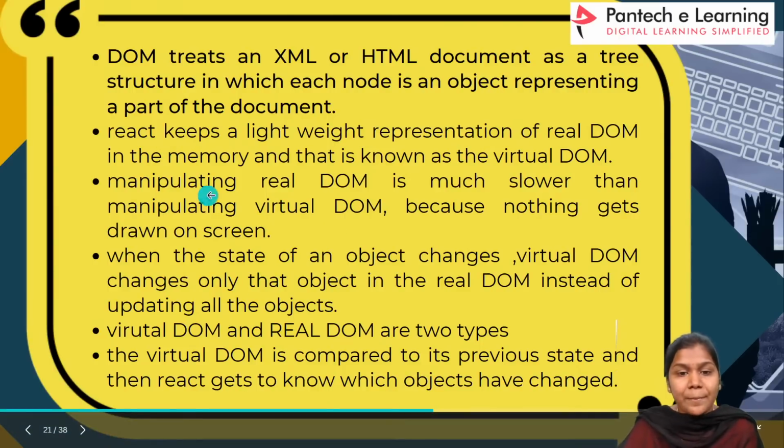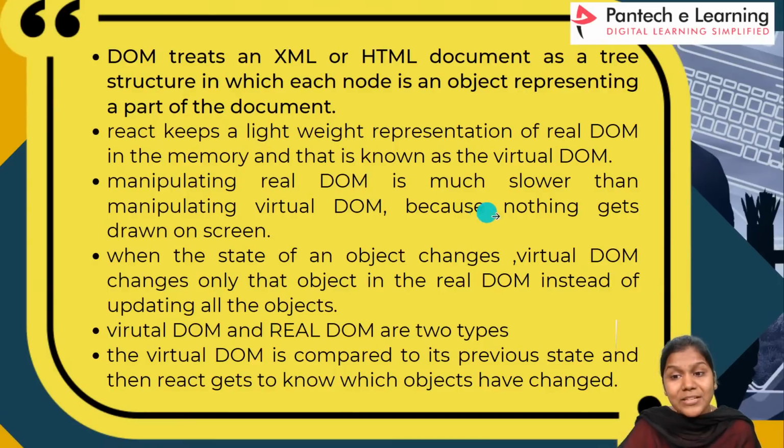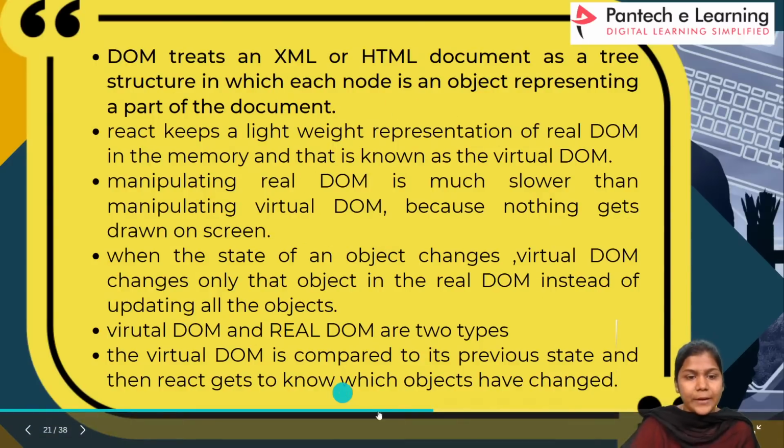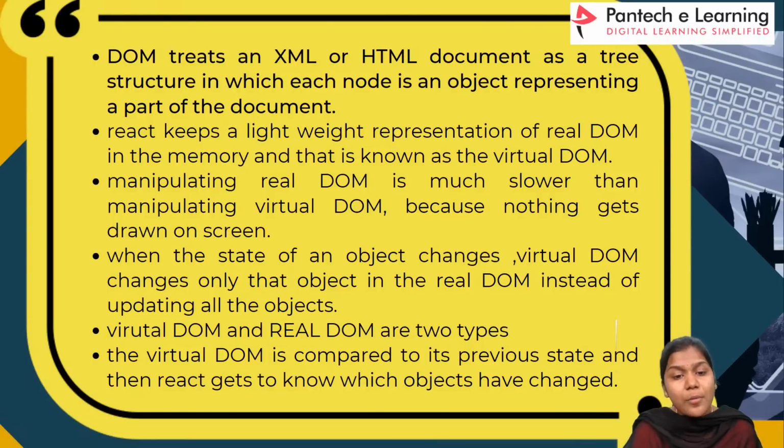Manipulating real DOM is much slower than manipulating virtual DOM, because nothing gets drawn on the virtual screen. When the state of an object changes, virtual DOM also changes. Only that particular object will be changed in the real DOM, instead of updating all the objects.